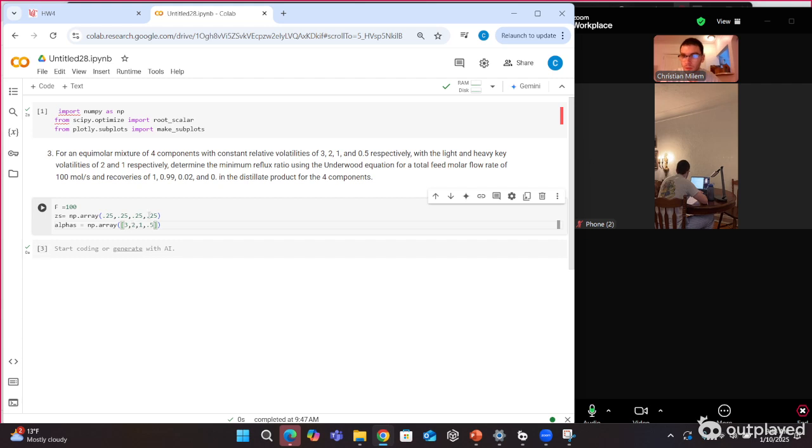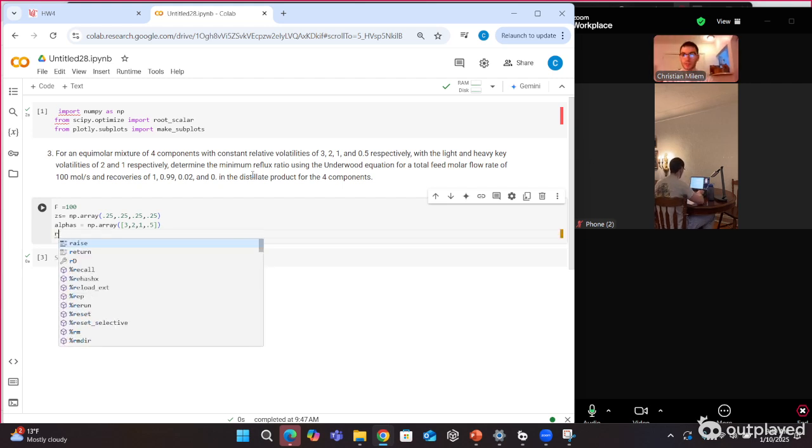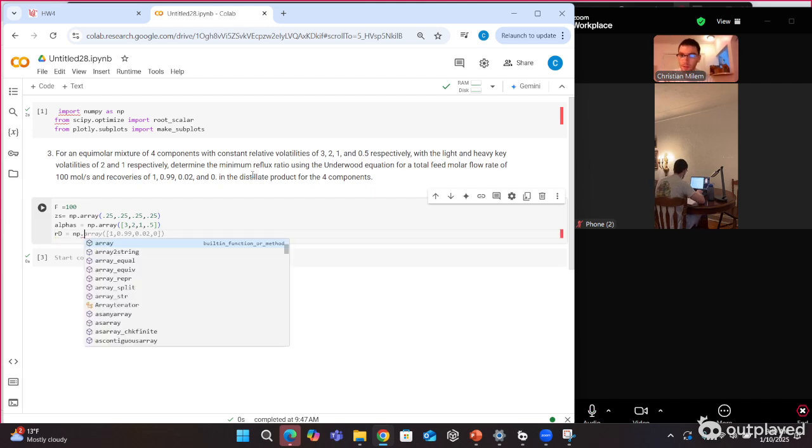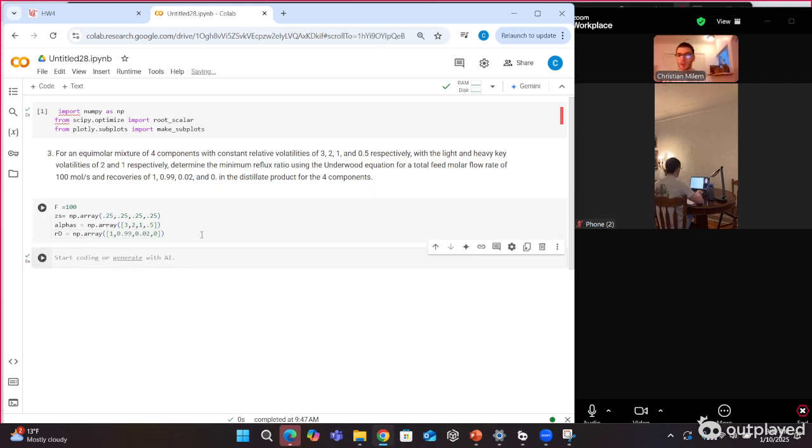So this is our heavy and light key. And then our recoveries, which we notate as RD, those are going to be np.array. That's the array that we want.